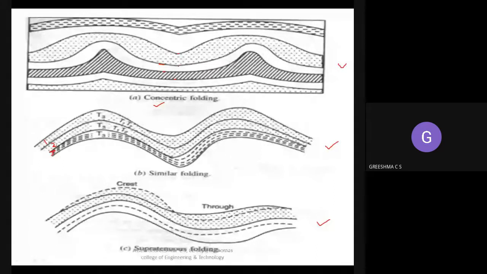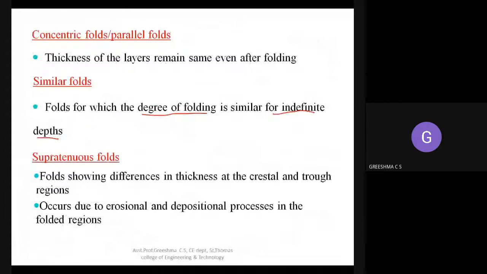That means the degree of folding that is applied to each depth will be the same, for an indefinite number of layers. That is, folds for which the degree of folding is similar for indefinite depths. It will have a number of beds like this, and for all these beds the degree of folding will be the same. So that is similar folds.